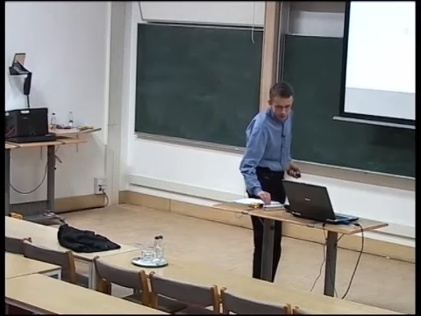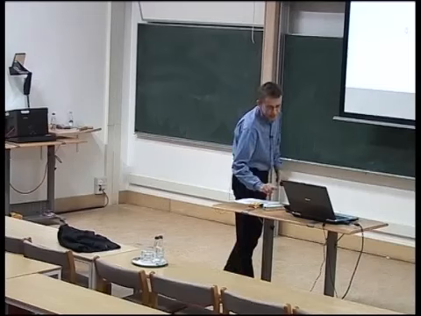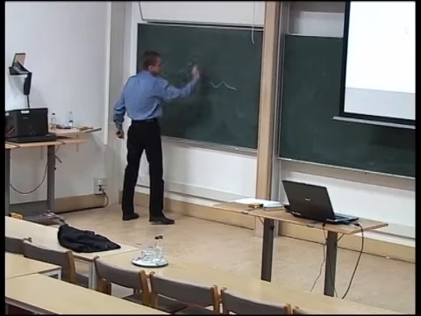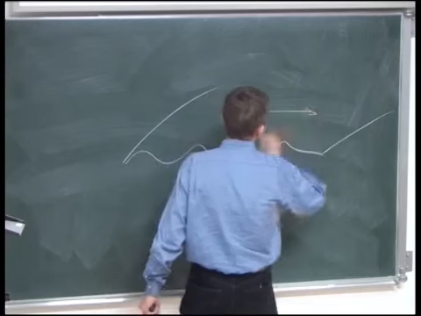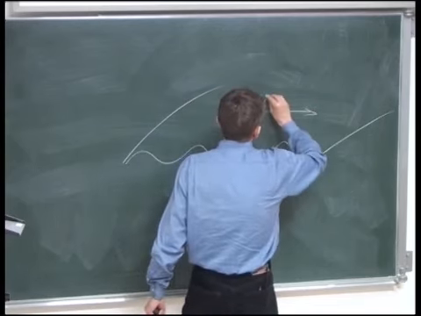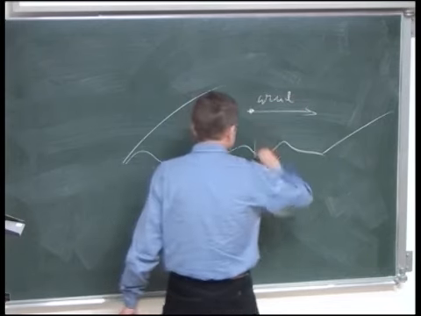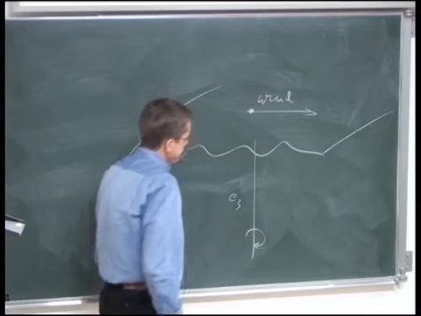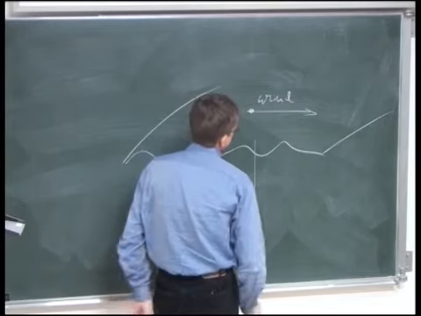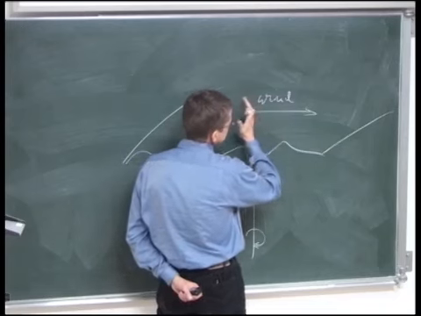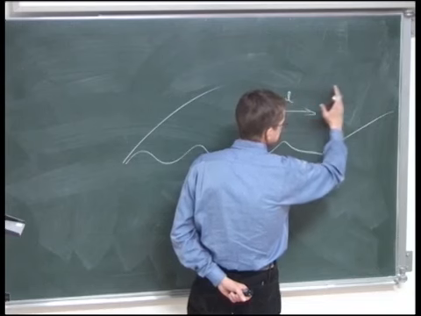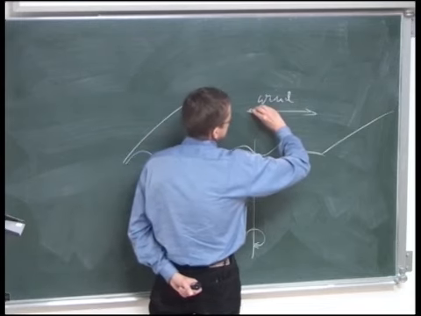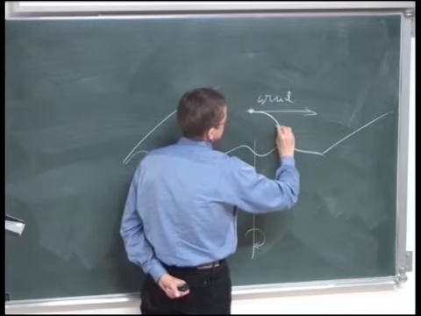And now the influence of the Coriolis force can be explained as follows. If you look at the surface of the ocean, and the wind drags, for example, in this direction, and there is a Coriolis force, let's say in this direction, a clockwise rotation, then the wind drags the fluid in this direction, and at the same time the Coriolis force drags the fluid a little bit in this direction.